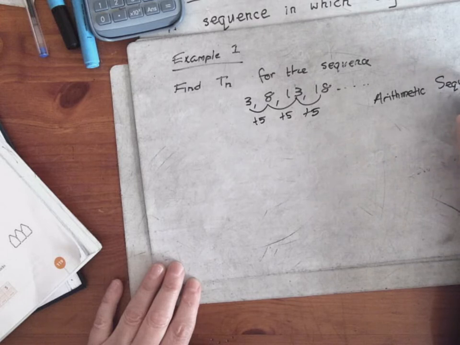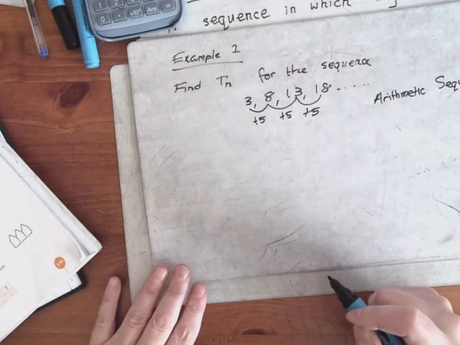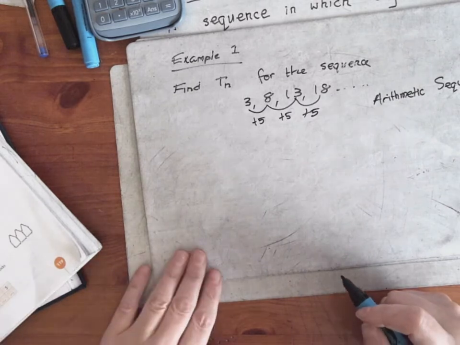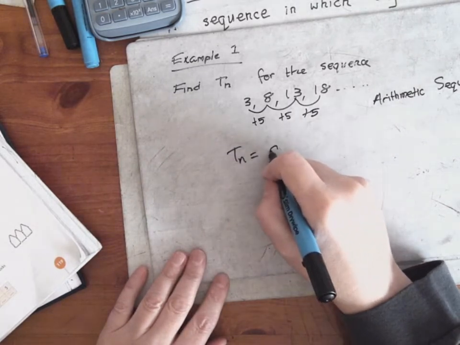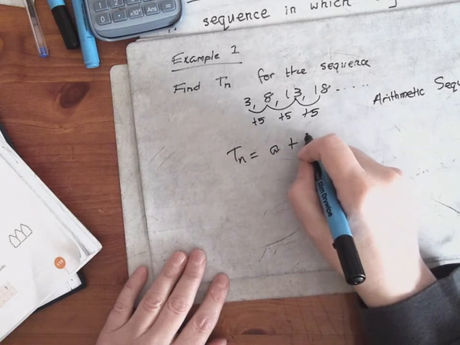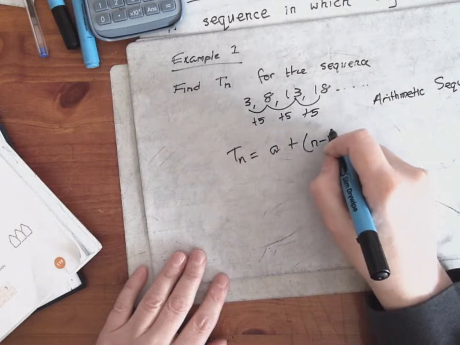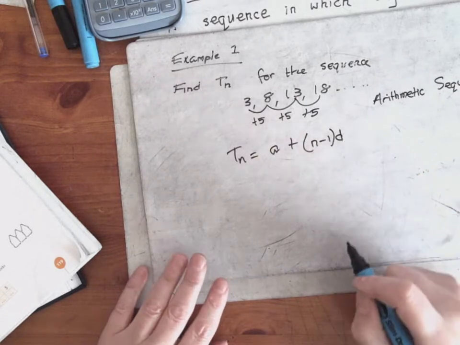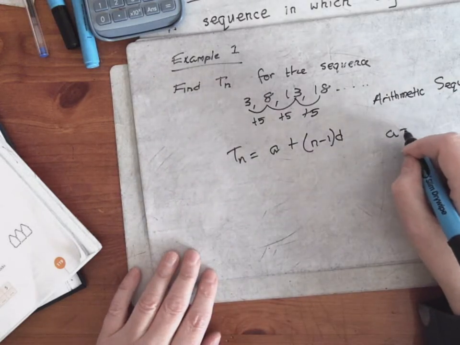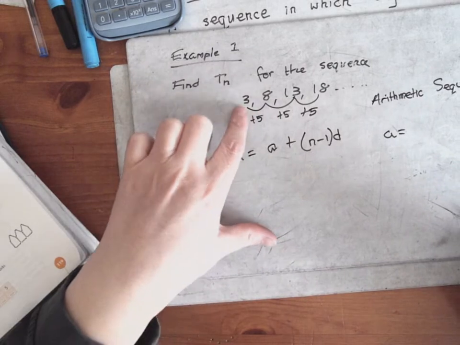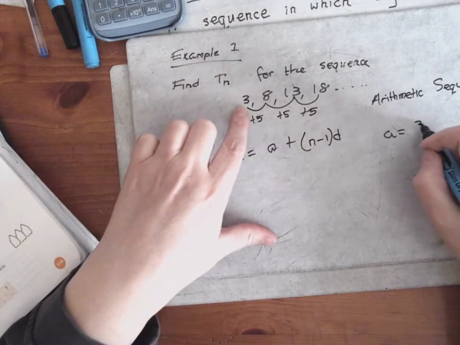We'll be coming across ones that are not arithmetic by the end of the chapter, and we won't be able to use the formula for them. But now it's an arithmetic sequence, so we can use this formula, a plus n minus 1 times d. So a is the first term. The first term here is 3.